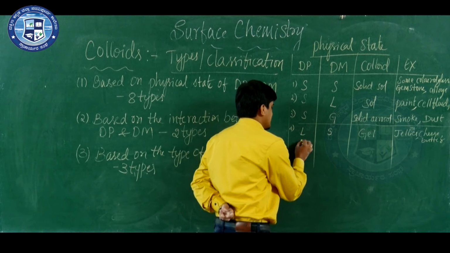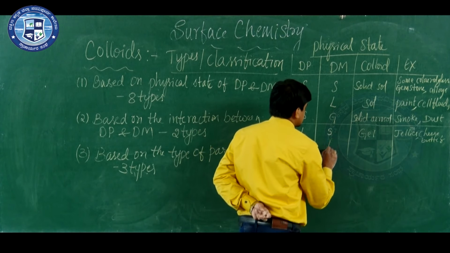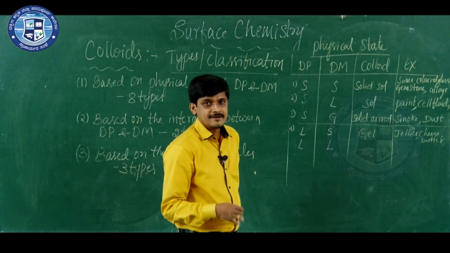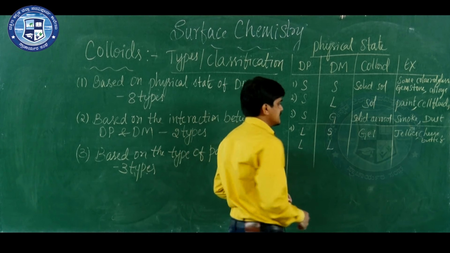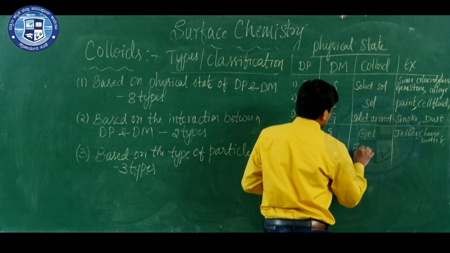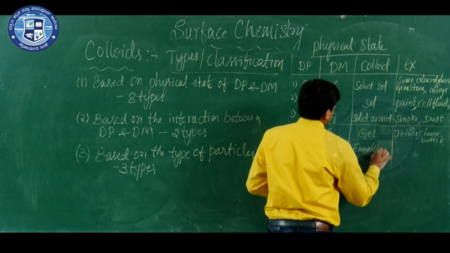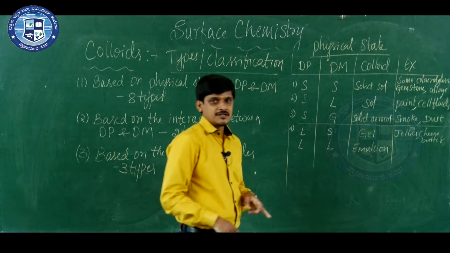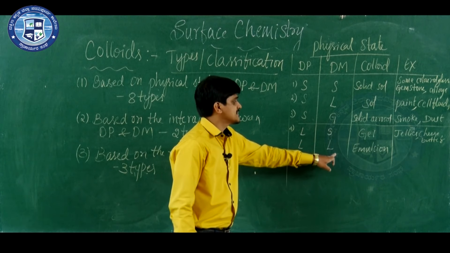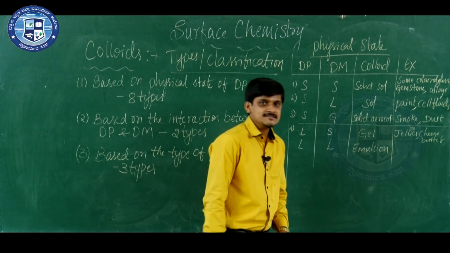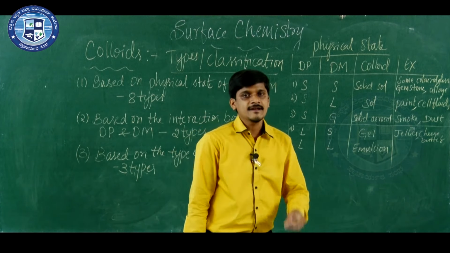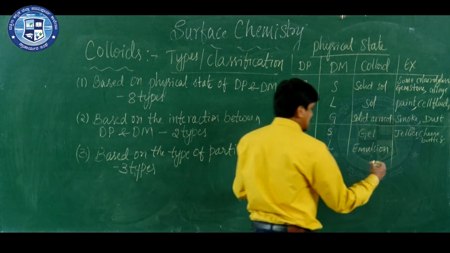And then if liquid is dispersed in liquid, then that is called as emulsion. This is a well known concept, emulsion. You all know it, you use it daily, that is milk.